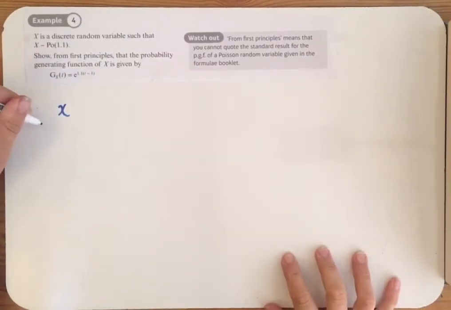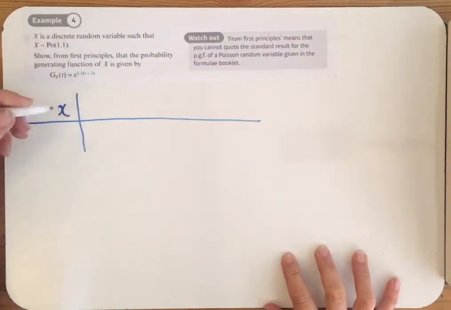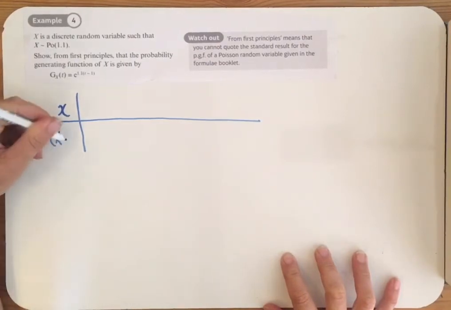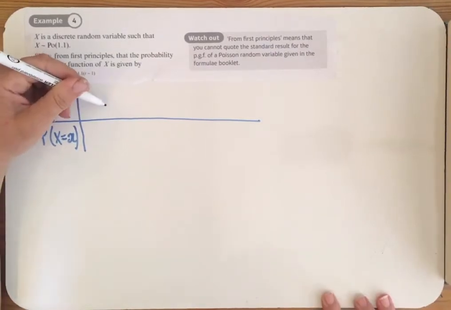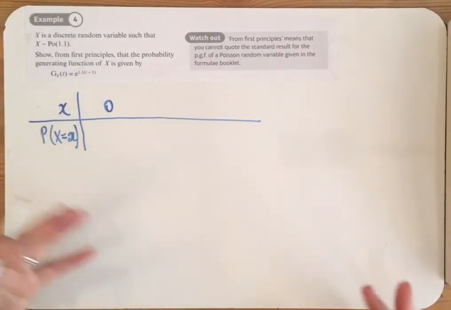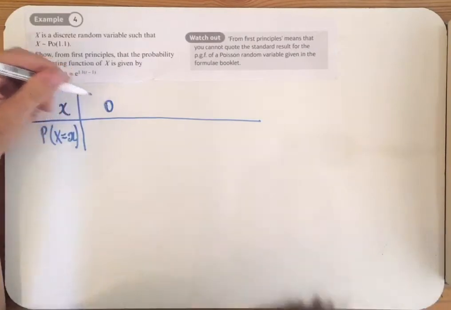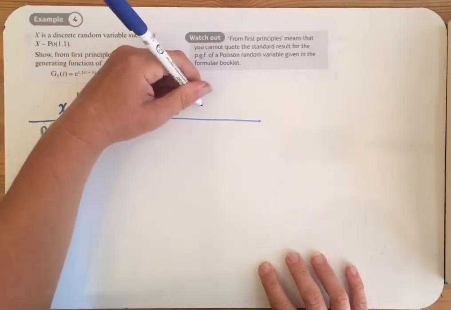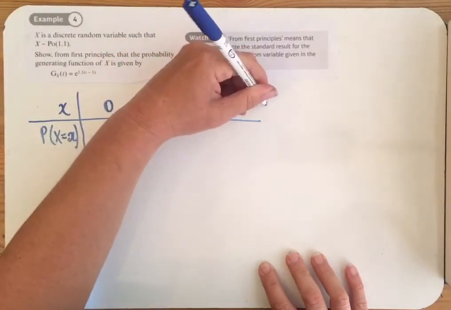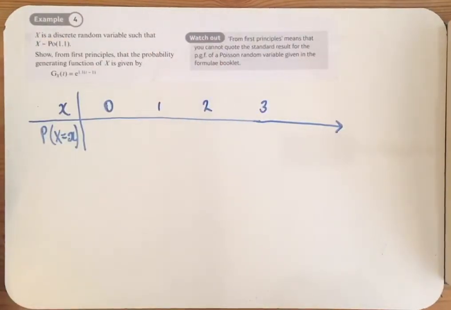So like we did with the binomial, we've got x and the probability that X equals x. Poisson, like binomial, starts at 0 because you could have no events occurring within a given stretch of space or time. And then going up in ones, the difference mainly in here is that Poisson is an infinite distribution.